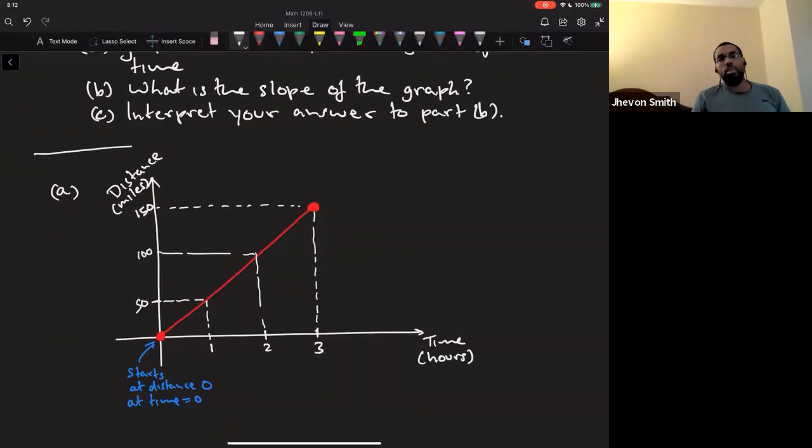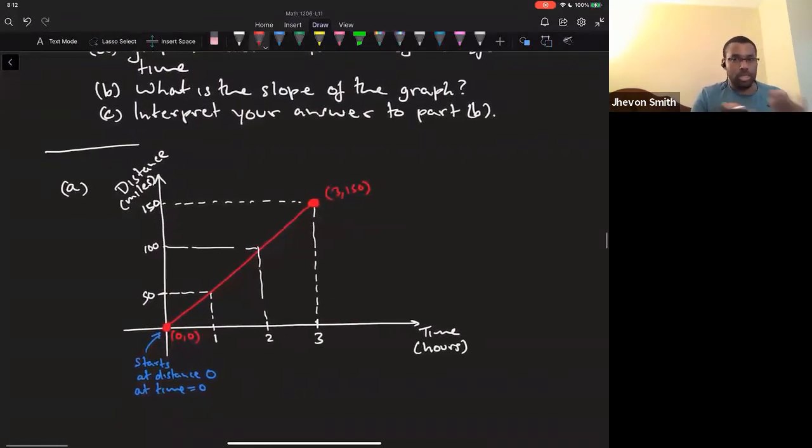But the two important points are the ones that we know for sure: there's a 0, 0 in the very beginning, and there's a 3, 150. So that's what the graph would look like, right? Straight line, nothing crazy, nothing fancy. It's moving at constant speed, so it's not a haphazard graph. It's just a straight shot.